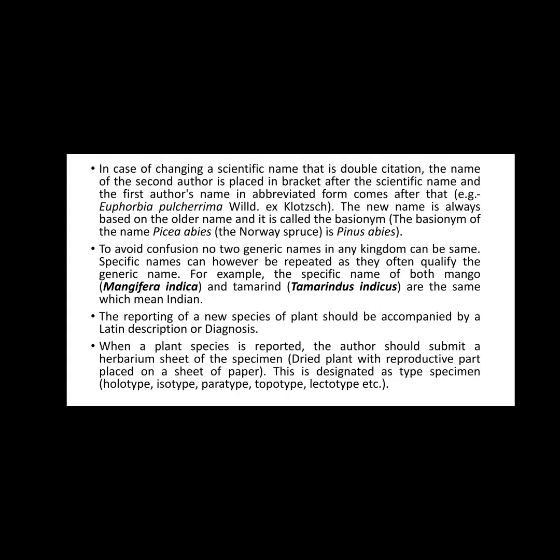Then what is double citation? Double citation means when two scientists separately or independently proposed the name of one plant. For example, in the case of Euphorbia pulcherrima Willd. ex Klotzsch, it indicates that Klotzsch first published the name, but the main credit goes to Willd.